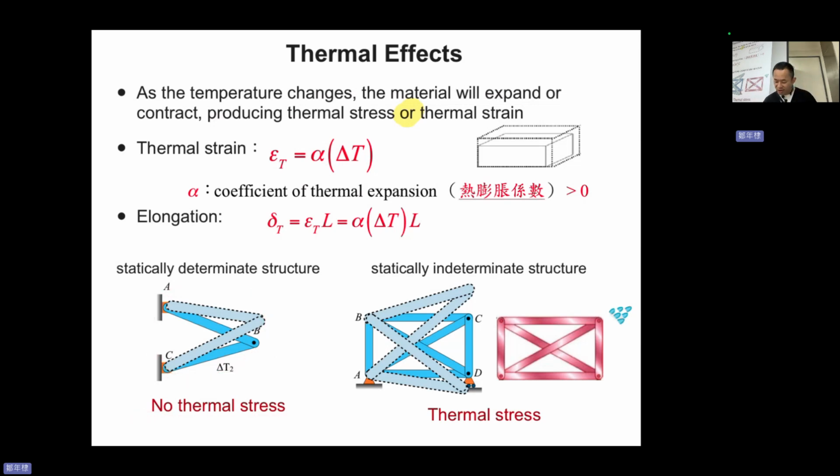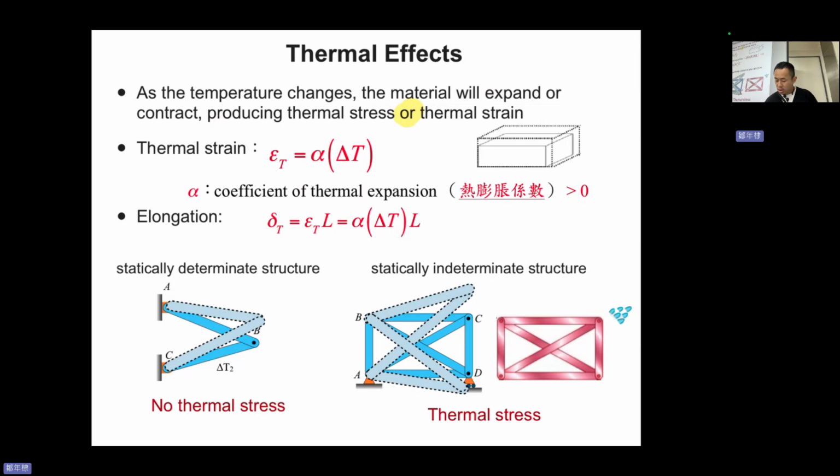But if you fix it, if you don't have these fixed components C and D, it will end up like this, stress-free, no thermal stress. But if you fix it, it cannot expand as it likes.